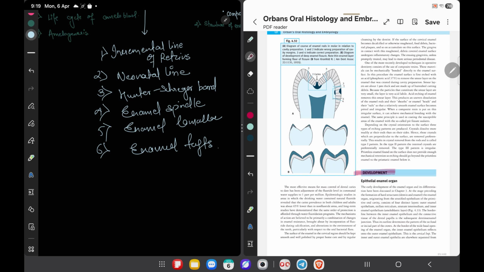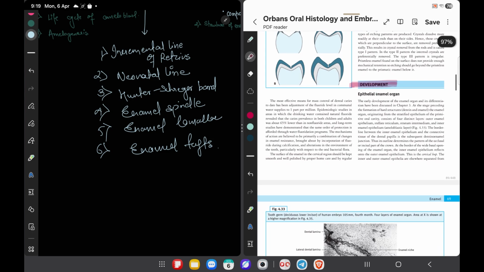Development. We have to talk about amelogenesis, the life cycle of the ameloblast, and how enamel forms. So, the epithelial enamel organ. We have already talked about what the enamel organ is in your tooth development chapter. You remember the stages: this is your bud stage, and this is your cap stage.